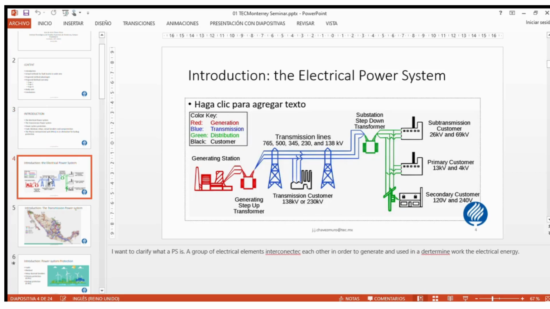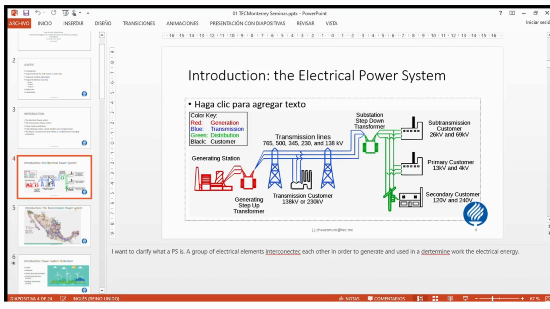Look, a power system is a group of electrical elements interconnected together in order to generate, transmit, and deliver energy to the consumers. Actually, any electrical power system is too big to be studied.